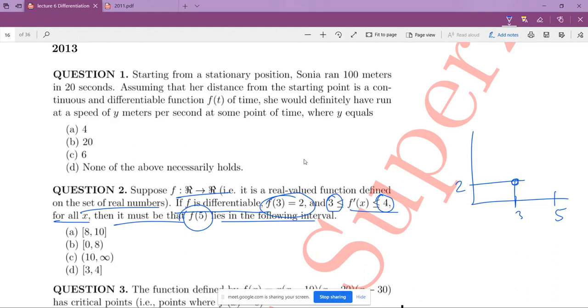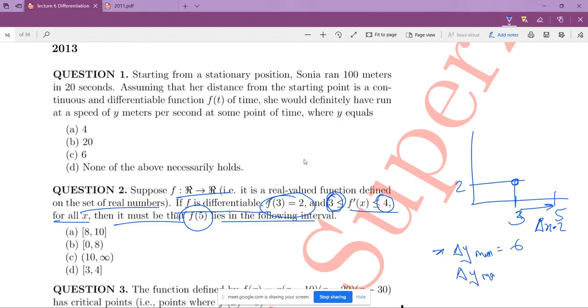So when the minimum slope is 3, that gives the minimum gain you can make in 2 units. If you change your x by 2 units, delta x is equal to 2, this implies delta y min, the minimum change in y, should be 6, because the minimum slope is 3.